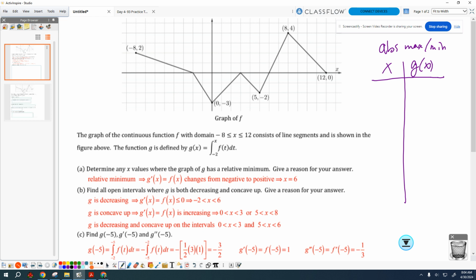And I recommend, no matter what, put your endpoints. Putting critical points on is good. I'm not going to put this one because I know it's not relevant. This one's a minimum, it asks for a maximum, so I'm not actually going to calculate that one.